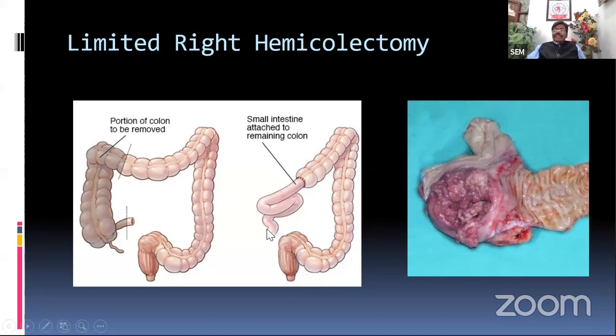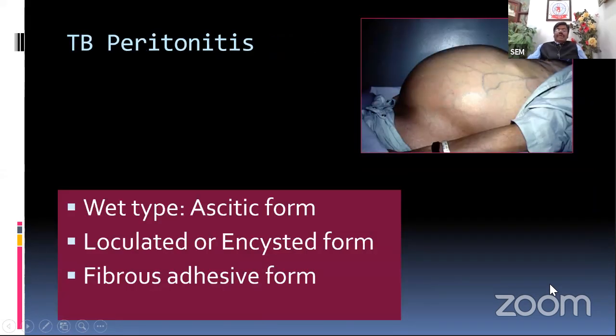This is a classical hyperplastic ulcero-proliferative growth of tuberculous granulomatous lesion. Few words about tuberculous peritonitis or ascites. Beware of a lady presenting with ascites. When they are presenting, there are 3 or 4 common conditions you have to consider. Number 1, is it a case of malignant ascites because of ovarian carcinoma?